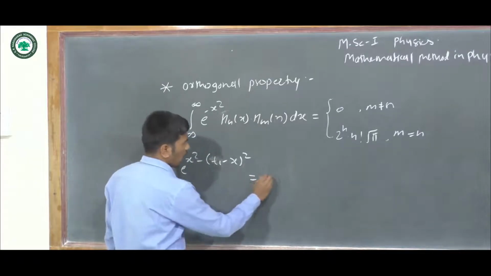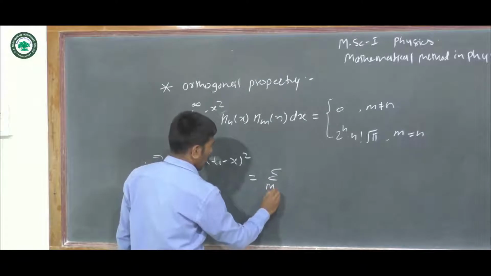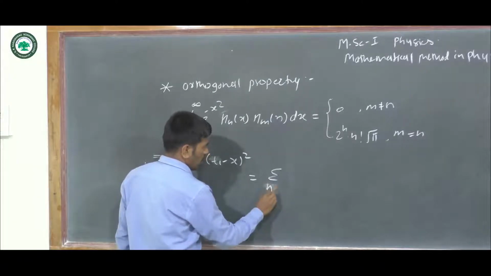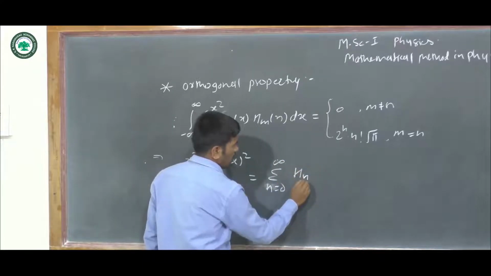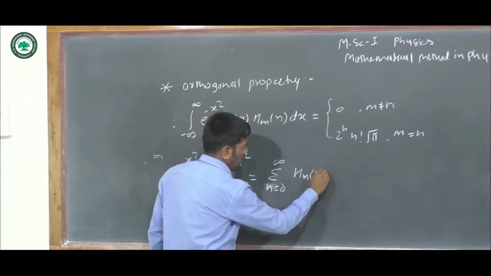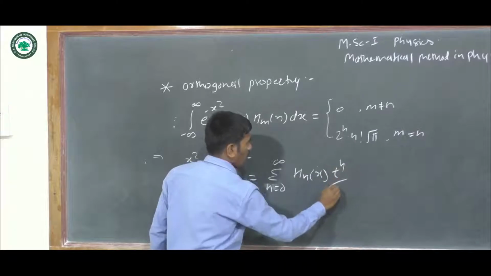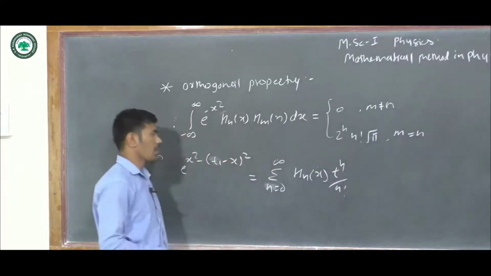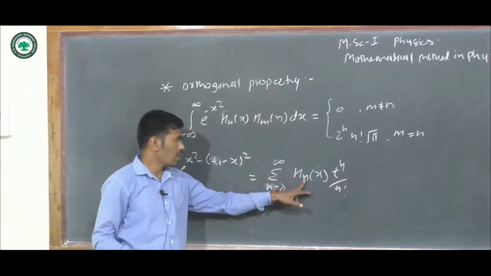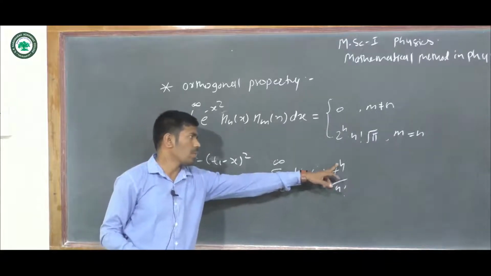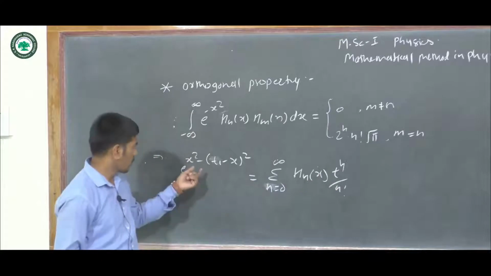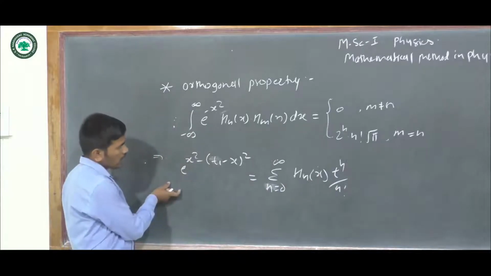It is equal to the summation over n equal to 0 to infinity of Hn(x) into t1 power n by n factorial. Here Hn is nothing but the Hermite polynomial, the coefficient of t power n by n factorial. So this is one generating function.